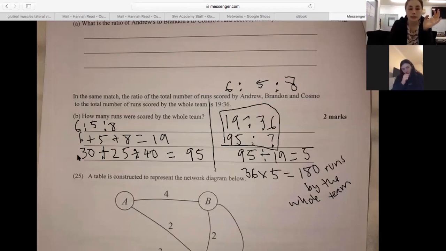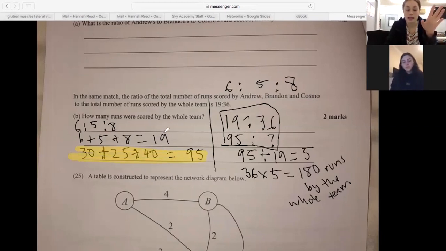So that's what we did here in yellow. This is actually how many runs it was. Although the ratio was 6, the actual runs that was 30. And our ratio of 5, the actual number of runs was 25. Does that make sense?